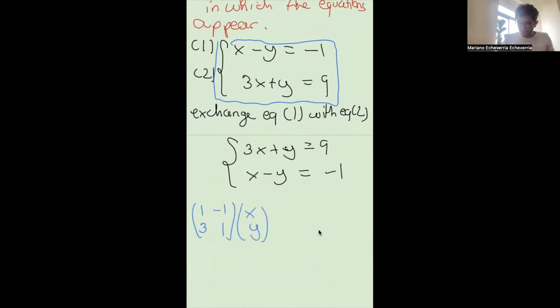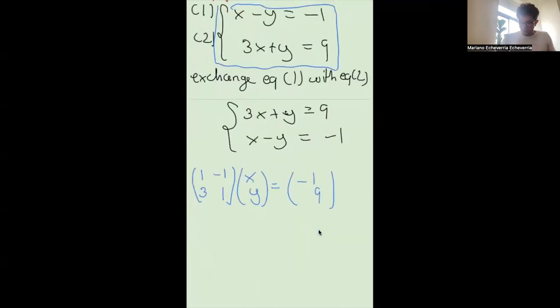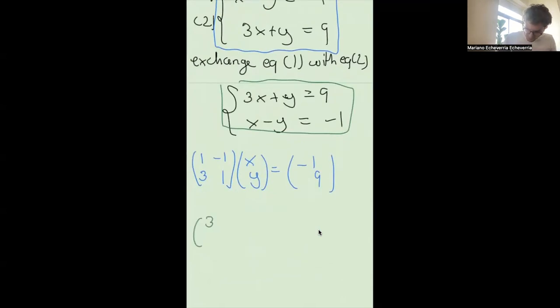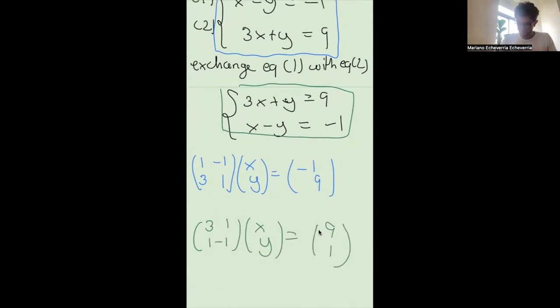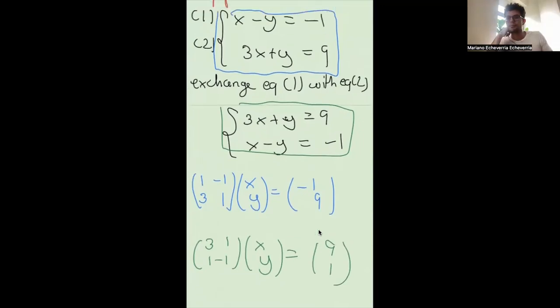So you would write the first one as 1, -1, 3, 1 times x, y equals -1, 9, right? And how would you write the second one in terms of matrices? You would write it as 3, 1, 1, -1 times x, y equals 9, -1. Is everyone okay with that? Is that making sense?